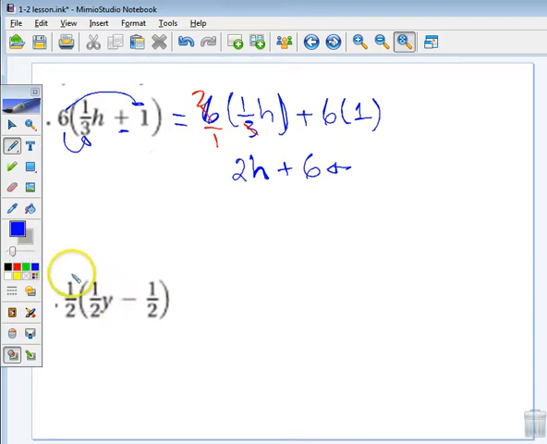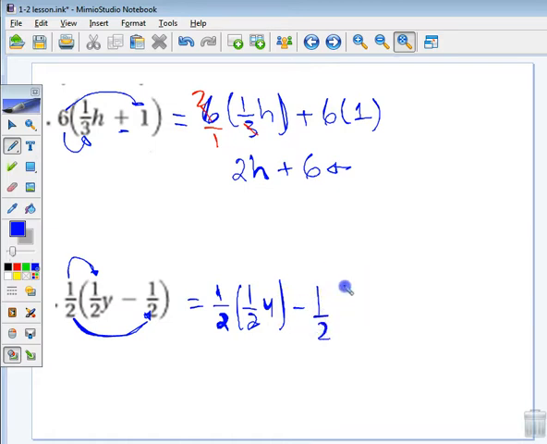Alright, again over here we want to distribute the half. So basically this is saying to take half of everything that is inside of the parentheses. So let's distribute the half. So it's going to be half of y minus half times half.